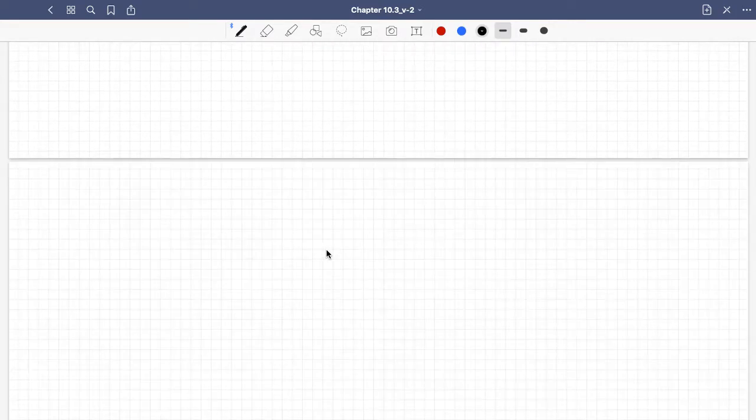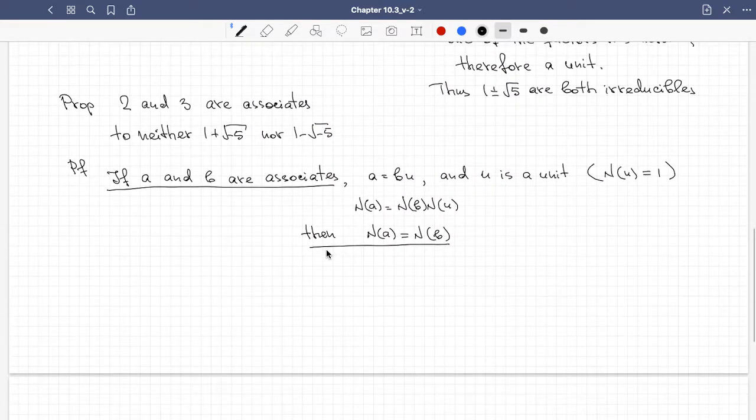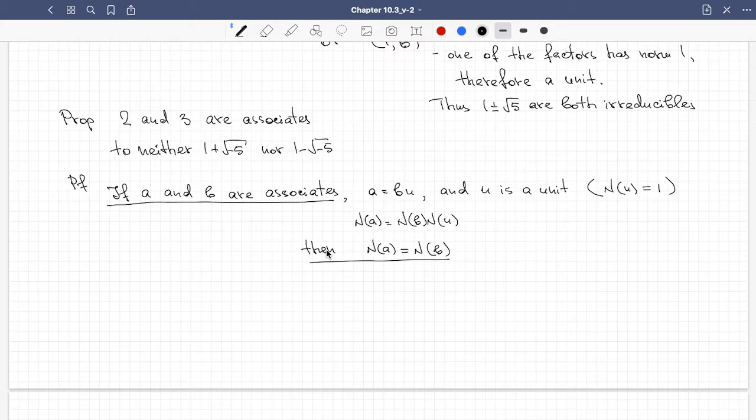So now we calculate the norms of all our elements. Norm of 2 is s squared plus 5t squared, t is 0, so this is 4.